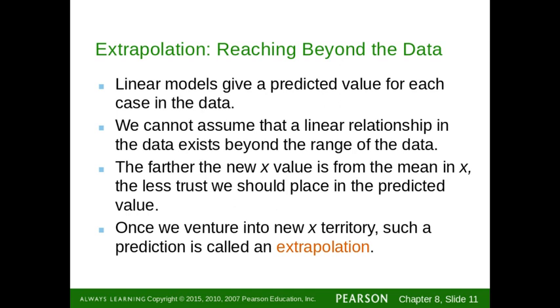Let's say I measure your height. If I look at all of your guys' heights up until you're 10 years old, there's going to be a linear regression. It makes sense that as you get a year older, you'll be taller. Can I predict how tall you're going to be when you're 45?